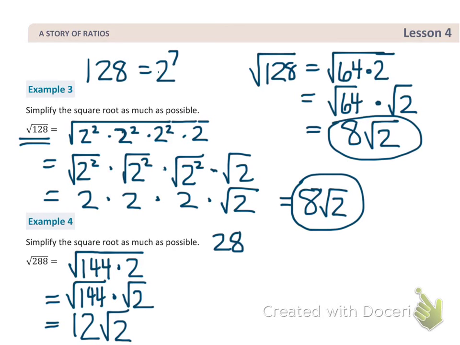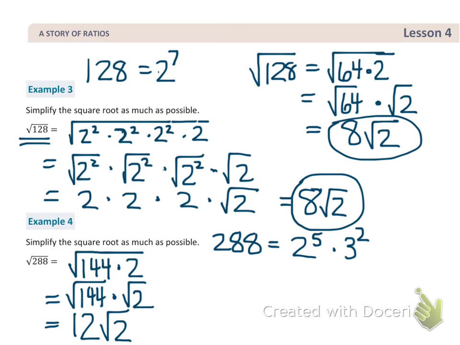But we can do this like we did this one. 288, if I get the prime factors of it, which would be a good strategy if you don't know how to break a number apart, is to find its prime factorization. And 288 is 2 to the 5th times 3 squared.